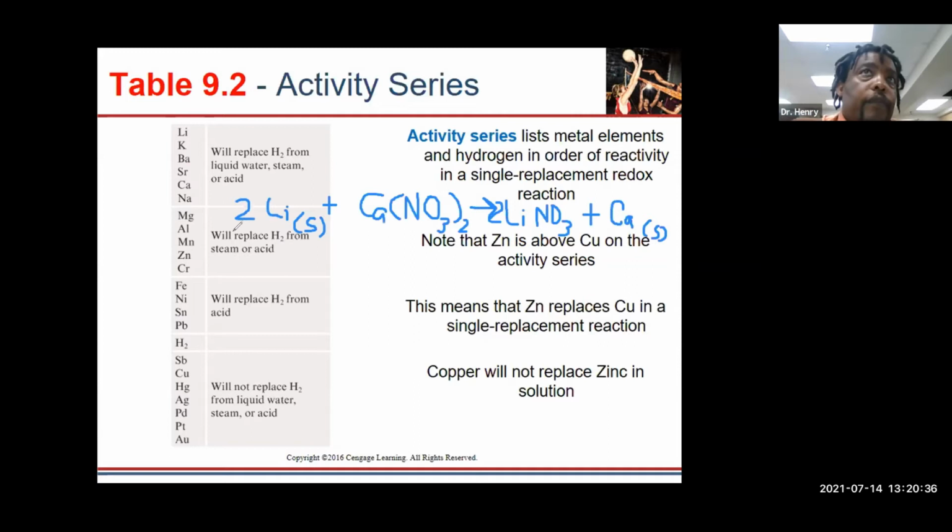Okay, now if I have a metal that is lower than another metal, let's say we have calcium here, and I have barium nitrate, because calcium is lower than barium, it won't be able to replace it.